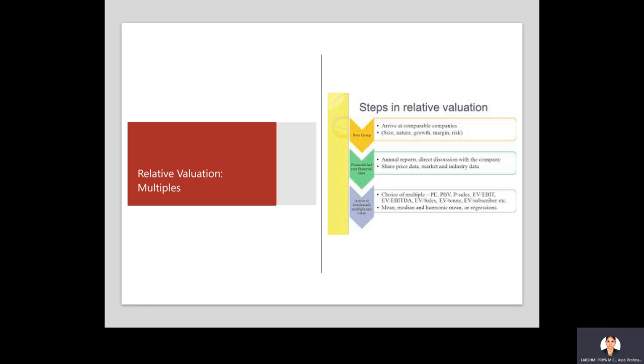EBITDA, however, is not the same as the free cash flow to the firm, and it is instructive to compare the two. That is, free cash flow to the firm is given by EBITDA minus T into EBIT minus capex minus net working capital, and from this equation it is clear that free cash flow to the firm tends to be more volatile.